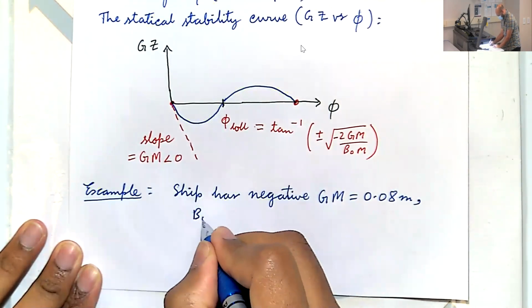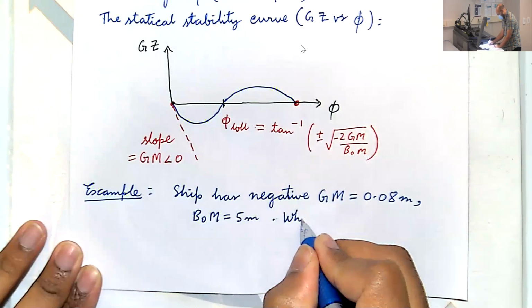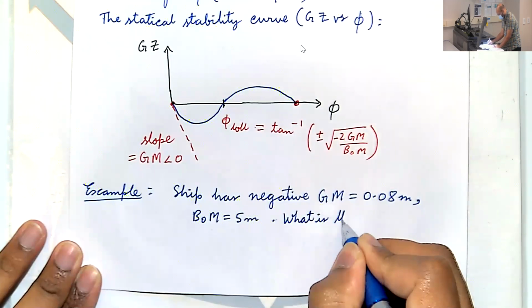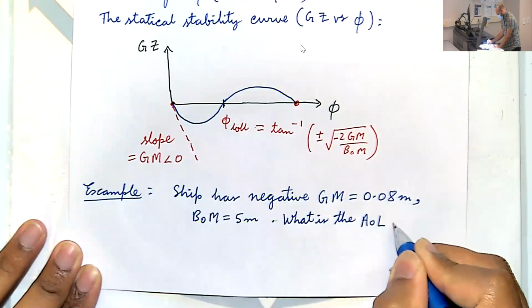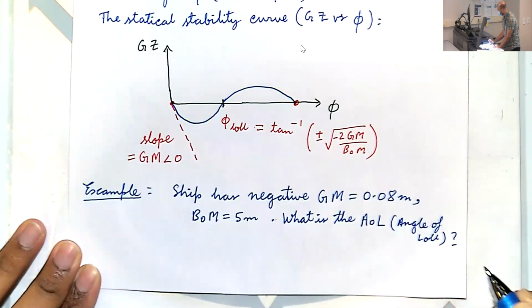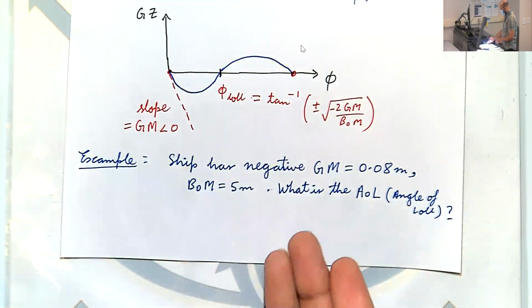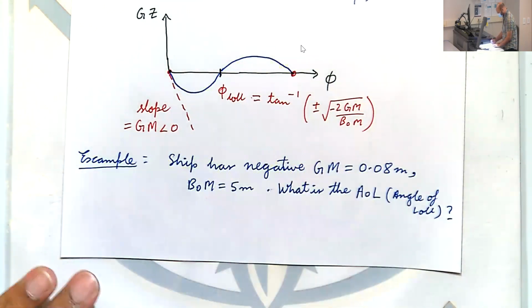This center of buoyancy is 5 meters from M. Yeah, GM would be minus 0.08. Okay, what is the angle of lull? That's a simple formula. We don't have to think much.